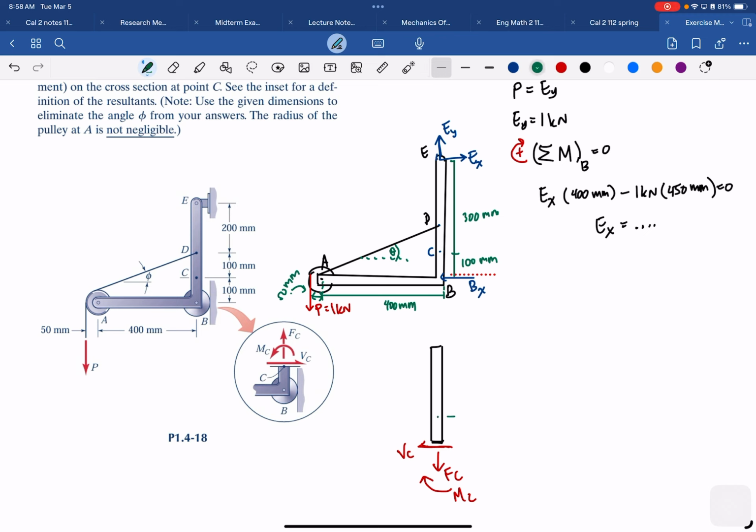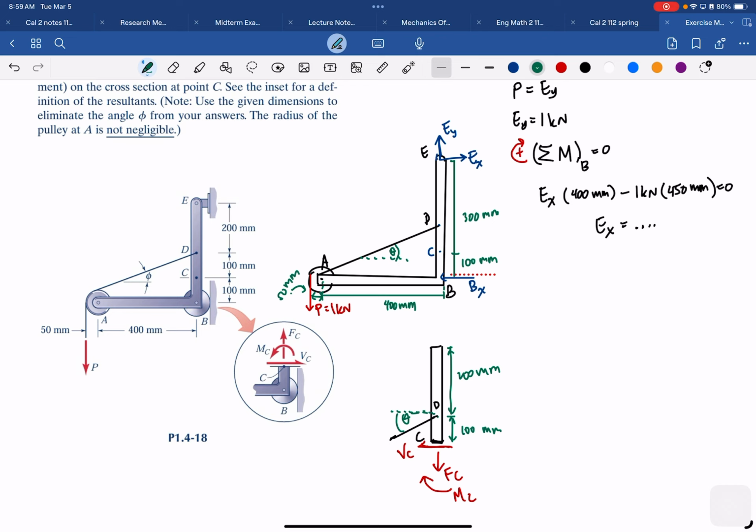This will be 100, and this will be 200. So this will be C, the point C, right? And then this will be point D. And we have the stresses going here. And then we have the angle. Okay, now we need to find the angle first.